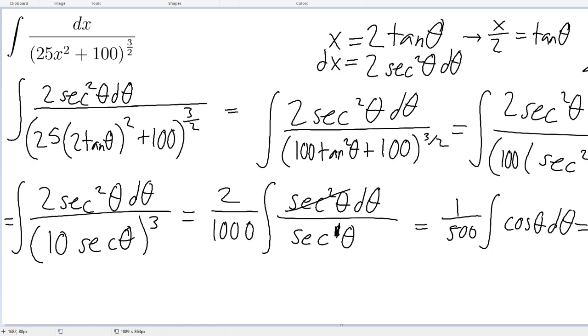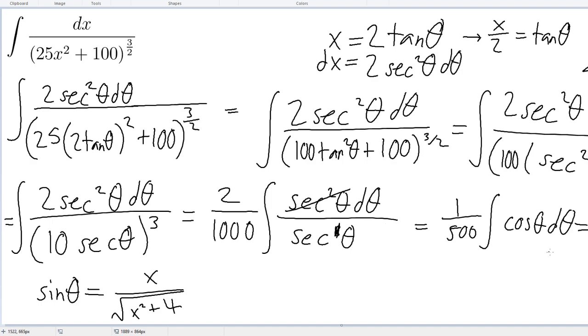If you do the Pythagorean theorem, you get the hypotenuse, square root of x squared plus 4. Then sine theta is opposite over hypotenuse. Opposite of theta is x, and the hypotenuse is the square root of x squared plus 4.